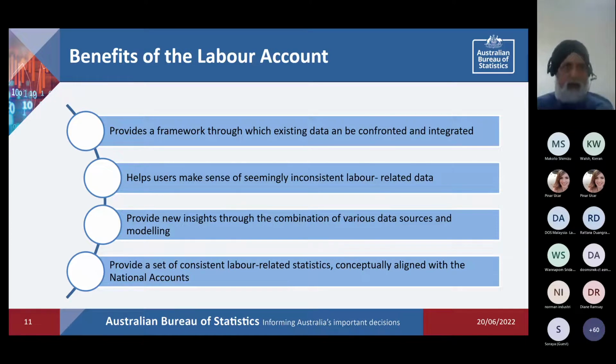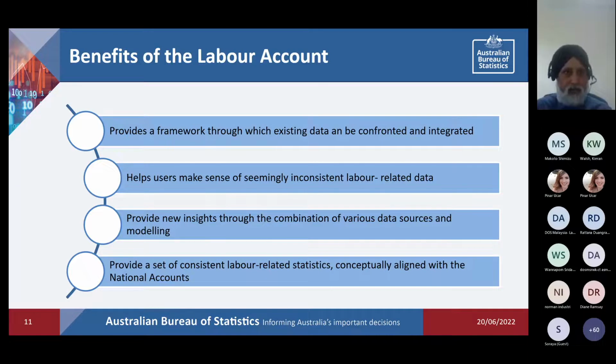So what are the benefits of having a labor account? I think from Australia's context, the labor account has been very beneficial in addressing a number of key aspects. The first one is that it provides a framework through which existing labor market data from different sources can be confronted and integrated with the aim of producing a coherent and consistent picture of the labor market.